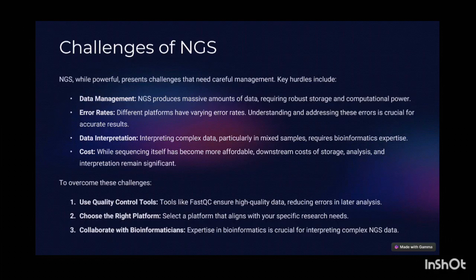For example, use Illumina for short, highly accurate reads, or Oxford Nanopore for longer reads when necessary. And collaborate with bioinformaticians. Data interpretation is one of the most challenging aspects of NGS, so bioinformaticians can help to navigate the complexity of the data and extract meaningful biological insight. So these are some of the challenges, and that is how we can overcome them.